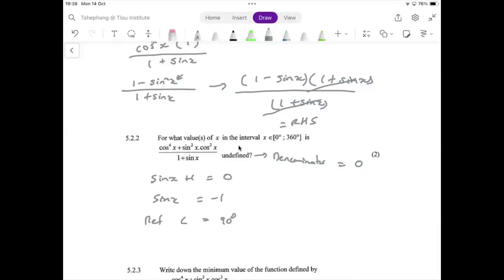Right? And then the other one will simply be x is equal to 270. Because if you substitute 270 in there as well, it won't work out. You can just try it on your calculator. I hope that is clear.